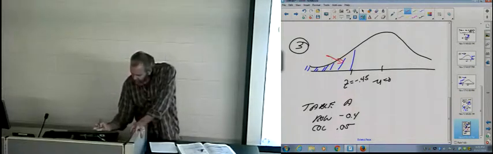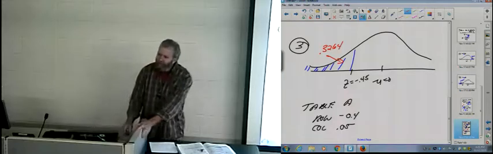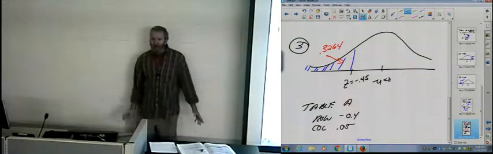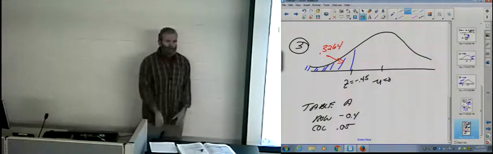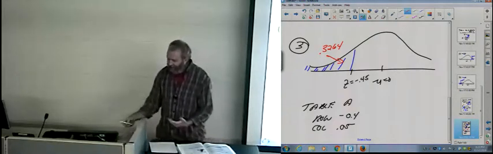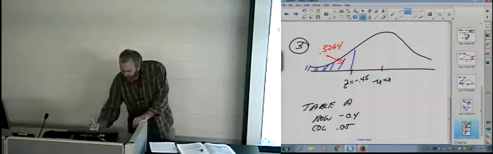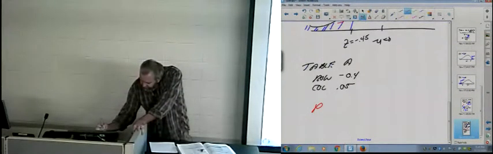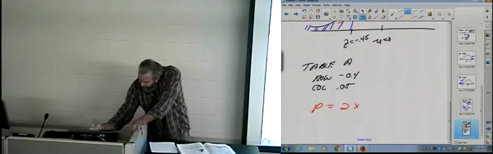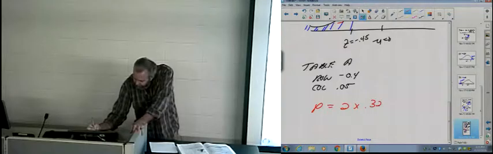What'd you get? 0.3264. Now you notice here, I made a note to everybody that this is a two-sided test. Okay? What happens on a two-sided test here? In other words, that's not your p-value. Your p-value here is 2 times 0.3264.